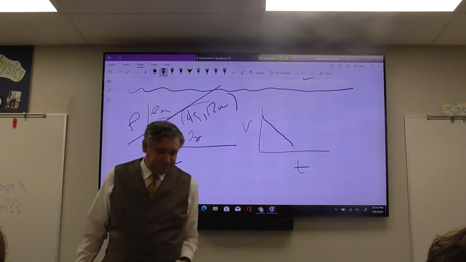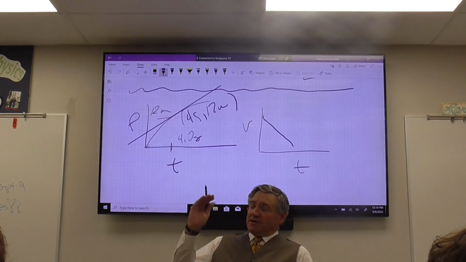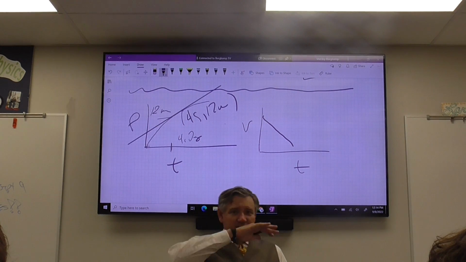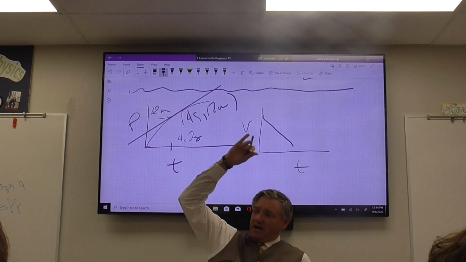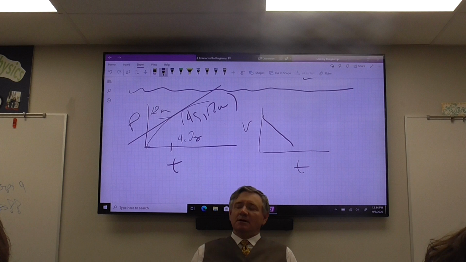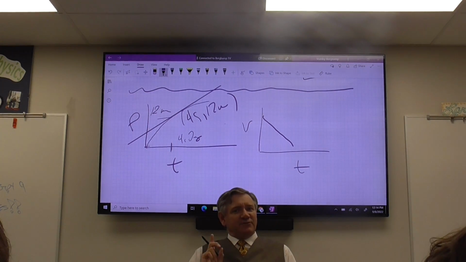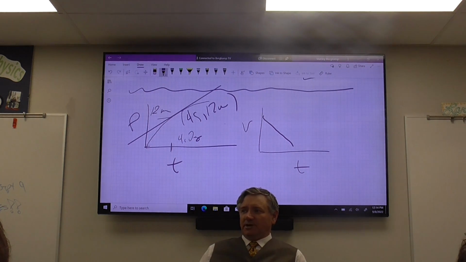So tomorrow, when you get done with the test, if you have not taken a ruler and drawn a tangent line and found the slope of that line, ask yourself that question when you hand in the test. Did I draw a tangent line and find a slope? If you answer no to that question, don't hand in the test. Okay?